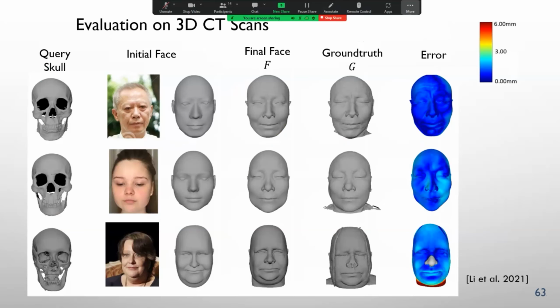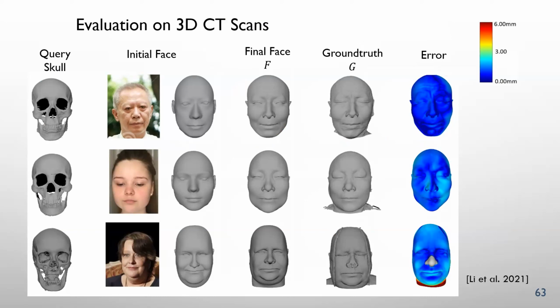Okay, we also evaluate the accuracy of our reconstruction using real data. We collected many 3D CT scans, from which we can extract the skull geometry and the face geometry. The extracted face can be used as the ground truth. So given a skull, we still go through the pipeline. We pick some initial face candidates from our portrait database downloaded from the internet.